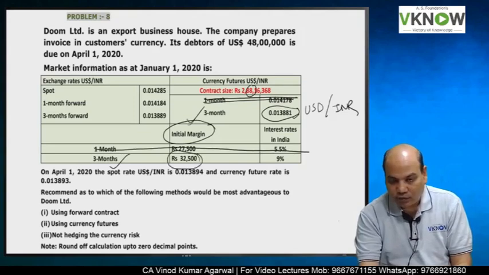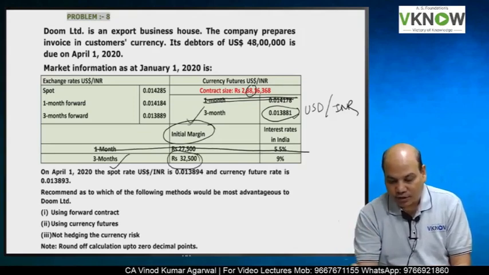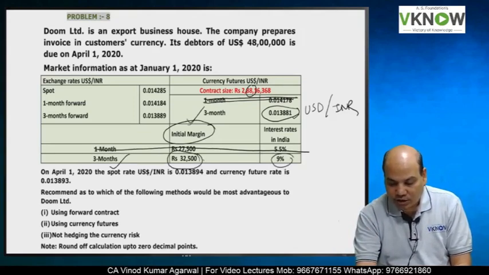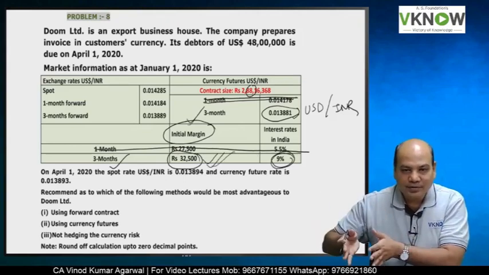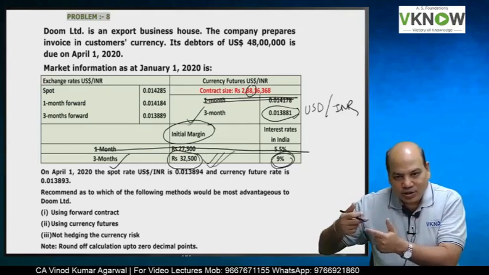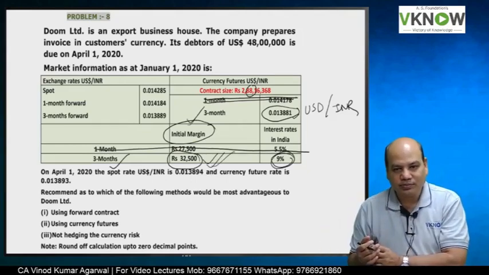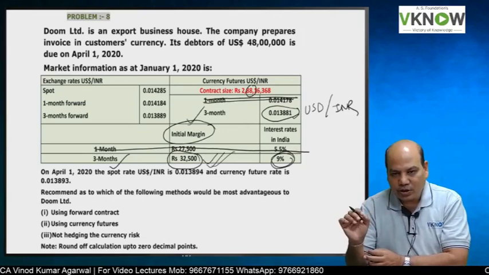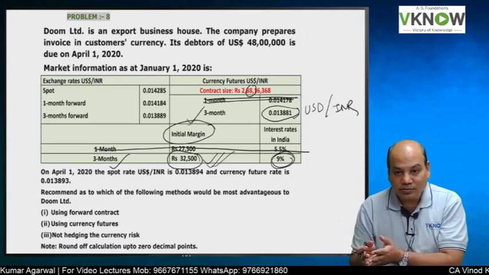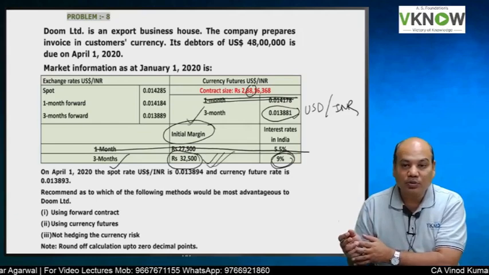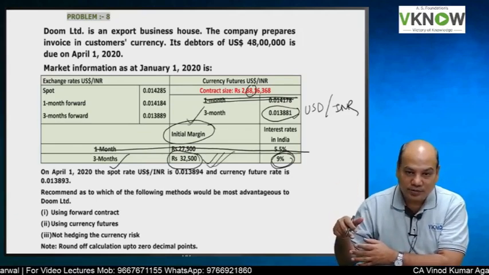Initial margin for one contract is 32,500, but because initial margin is paid at the beginning and we are going to do the calculation at the end, there will be a 3 month interest loss on initial margin, because all cash flows I am going to calculate after 3 months.